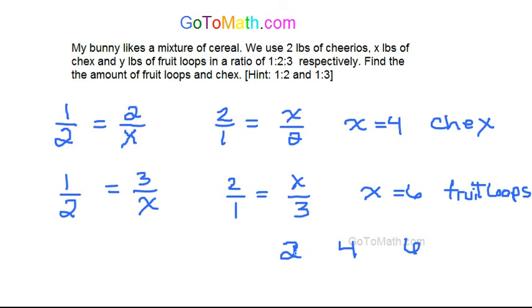So you see, if you reduce these things down, you got 2 over 4, that ends up being a half, or you could reduce that to a 1 to 2 ratio. And then 2 over 6 is a 1 to 3 ratio. You see that? Turn these into fractions here. Anyway, another way of looking at that. Alright, so there you go.